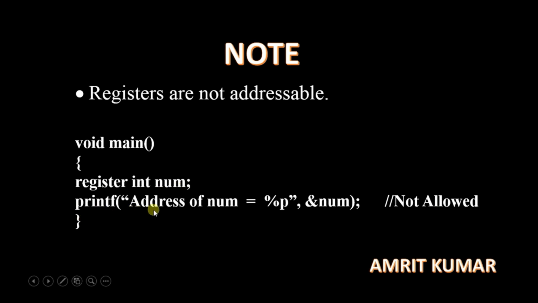Then I have used the printf function whose work is to print whatever is written here, and this is the address of num. We have used %p, which is the format specifier for giving the address, and because registers are not addressable, it is not allowed here. So this is how the storage specifier and its types have been completed.